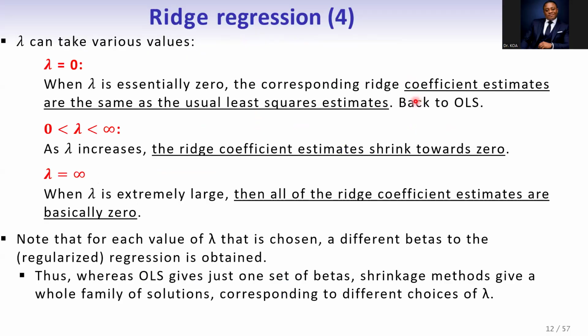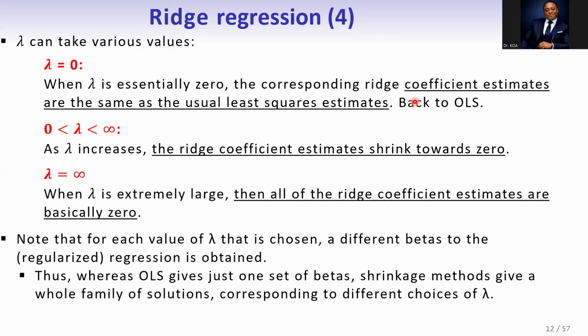Well, it means that all of the ridge regression coefficient estimates are going to be 0, because the coefficients are all going to go down to 0. So we want lambda to be between 0 and infinity, excluding 0 and infinity.